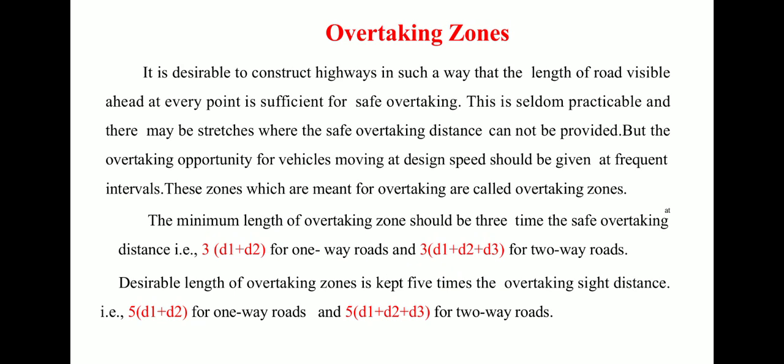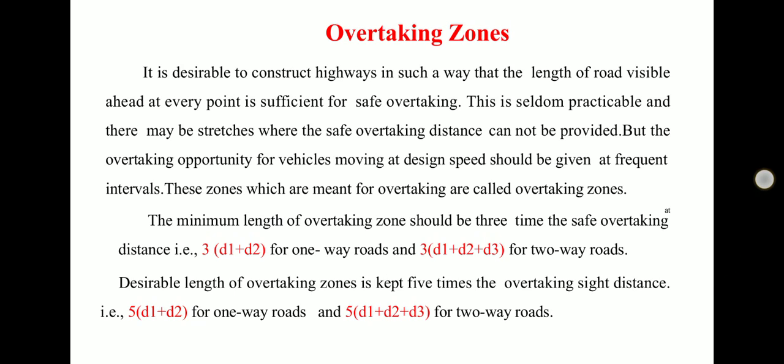This is seldom practicable, and there may be stretches where the safe overtaking distance cannot be provided, but the overtaking opportunity for vehicles moving at a design speed should be given at frequent intervals. These zones, which are meant for overtaking, are called overtaking zones. The minimum length of overtaking zones should be 3 times the safe overtaking distance, that is 3 into d1 plus d2 for one-way roads and 3 into d1 plus d2 plus d3 for two-way roads.